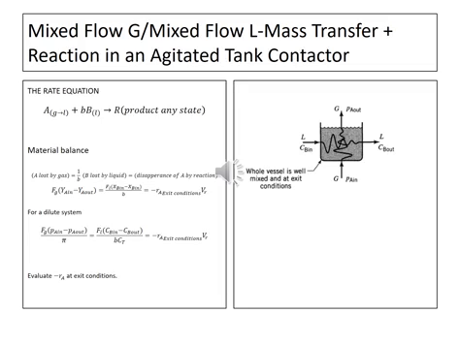The important thing to note about the agitated tank is that the conditions in the tank are the same as the outlet conditions, such that we evaluate our rate of reaction at the exit conditions. If we do that and make the volume the subject of the formula, we have the size of our reactor.